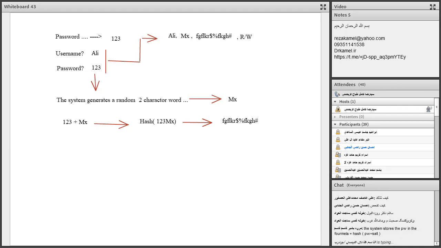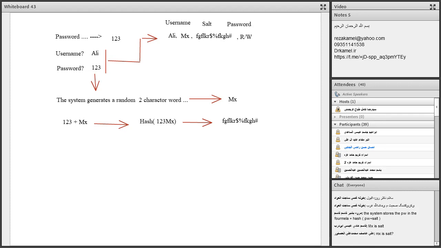So when we store information like this, the system stores the password using the formula hash of password plus salt. Exactly, yes, thank you. So when you store like this, this is username, and then this is salt, and this is password, and this is access rights. Yes, Ali, MX is salt, exactly.